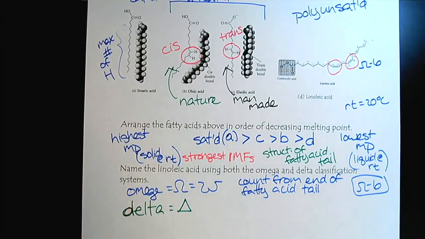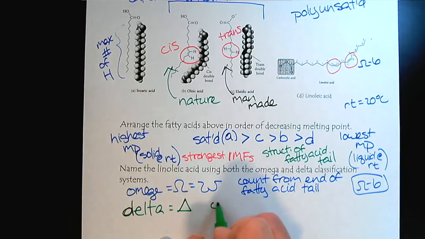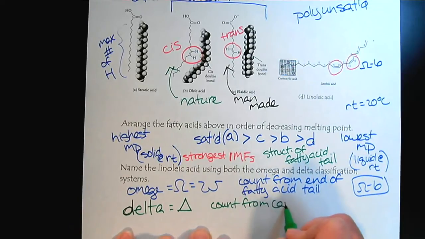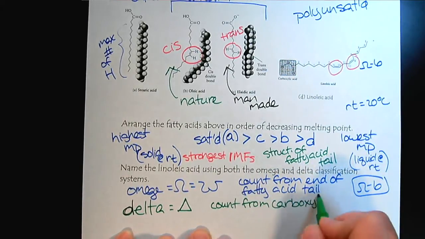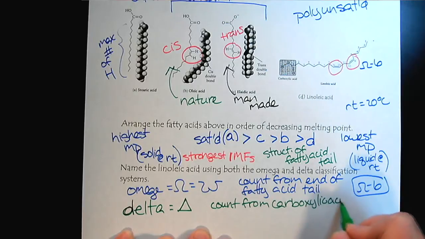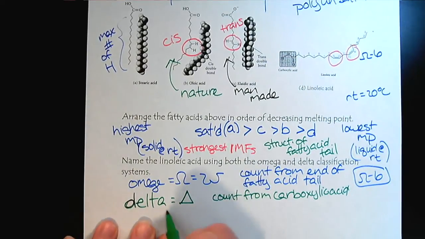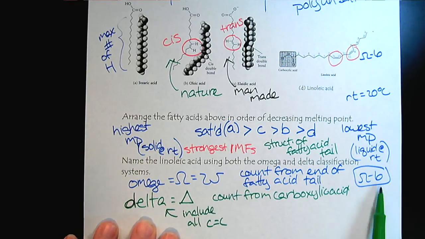Now this is similar to IUPAC nomenclature, like if we were going to name it. We count from the carboxylic acid carbon. And the interesting thing about the delta is we include all double bonds. With the omega system, we just let everybody know where the first double bond appears.